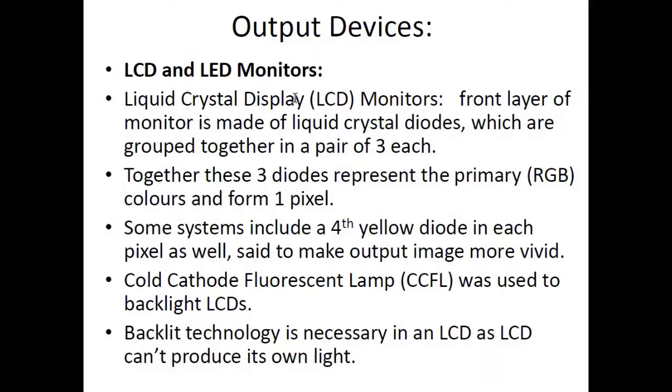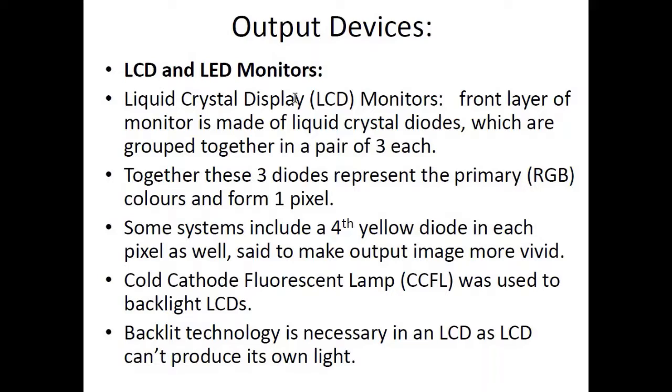Next output devices we have are monitors, specifically LCD and LED monitors. LCD are the liquid crystal display monitors. In LCD monitors, the front layer of the monitor is made up of liquid crystal diodes, which are grouped together in a set of 3 each. Together these 3 diodes represent the primary red, green, blue colors and form 1 pixel.